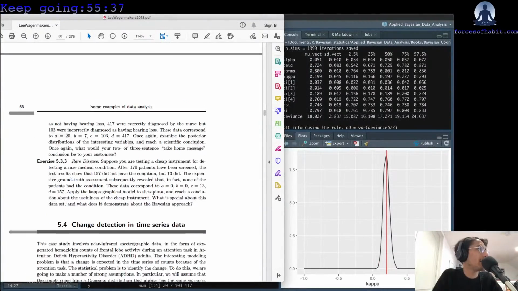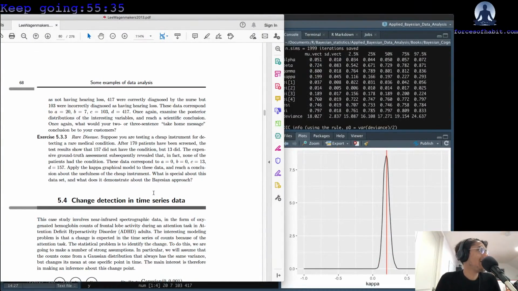Last data set is rare disease. Suppose you're testing a cheap instrument. So I'm going to be assessing the quality of this instrument in order to assess rare medical conditions.